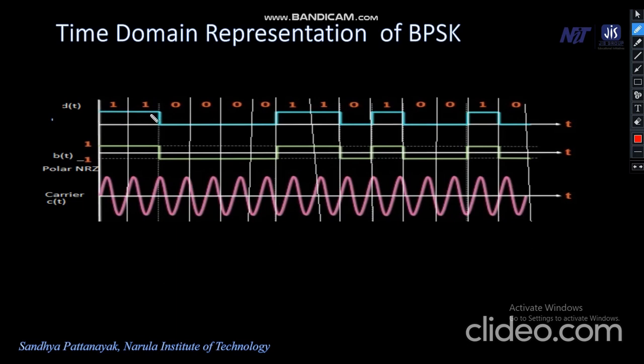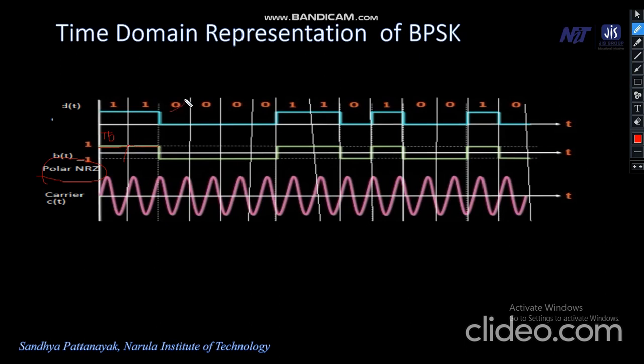Initially it is given in the unipolar format, but when you perform BPSK, we convert it into the polar NRZ technique. Binary 1 is represented by positive voltage for the complete bit duration, this is the bit duration Tb. Next again binary 1, which is also positive voltage for the complete bit duration Tb.